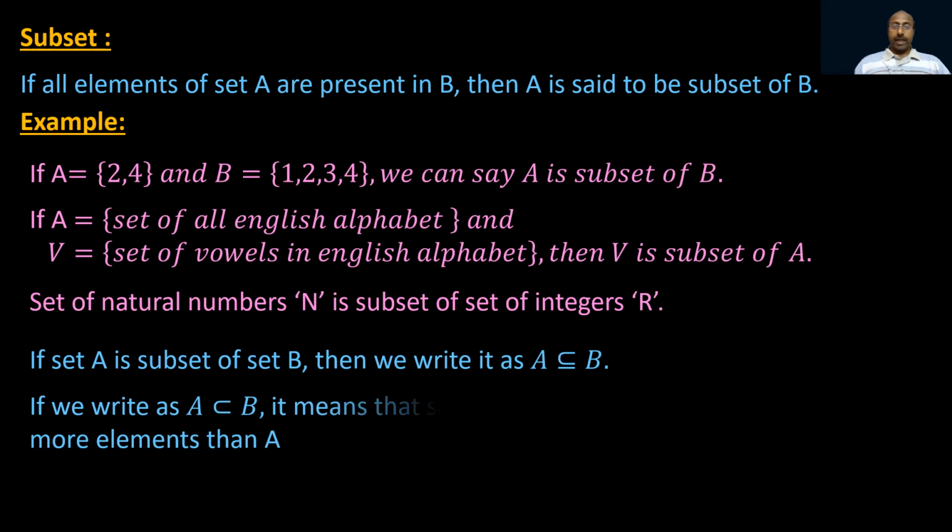If we write A ⊂ B, it means that set A is a subset of set B and B has more elements than A. If we write the symbol with an equal sign, then A is either a subset of or equal to B. And if it is written without the equal symbol, then set B has more elements than A, and we usually use this second symbol only, that is A ⊂ B.